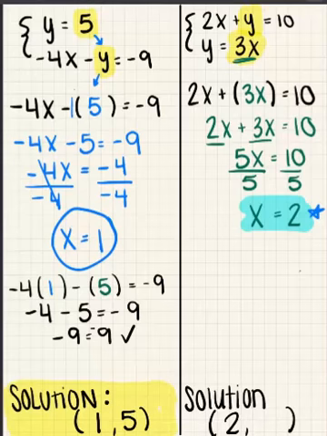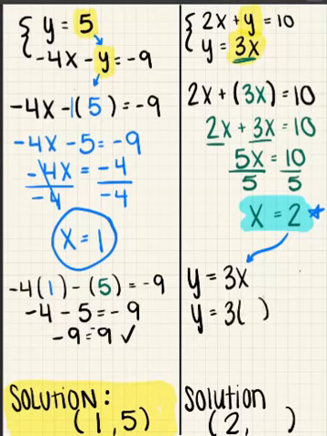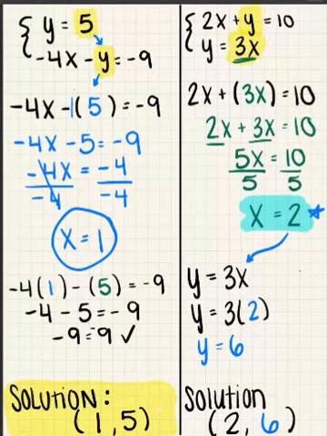So I can take that equation, the other one we haven't worked with yet, y equals 3x, and just replace the x with a 2. Y equals 3 times 2. Well, most of you are shouting at this video right now saying, well, I know what 3 times 2 is. It's 6. And there you go. You have a solution. If you wanted to plug those back in to make sure that they worked, you could do that.